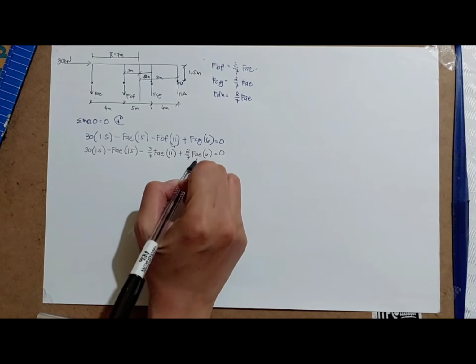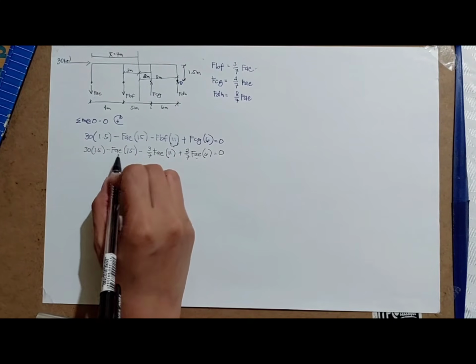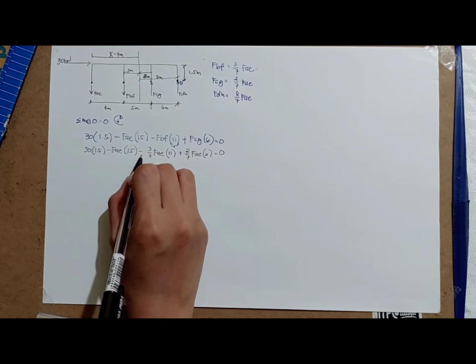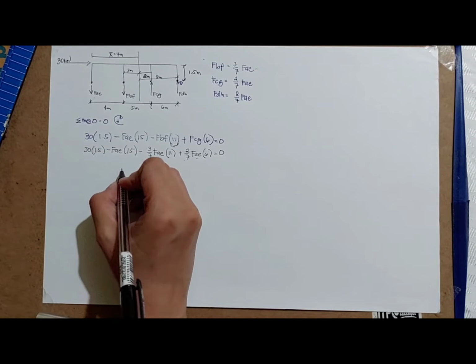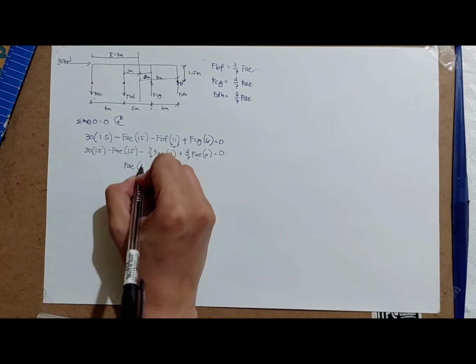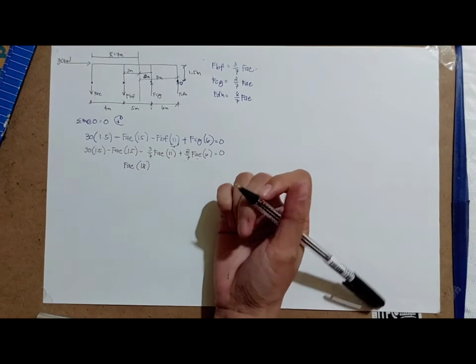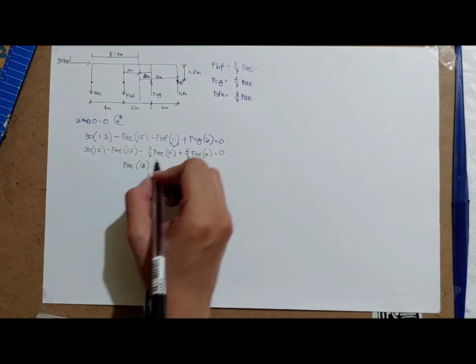Since everything is in terms of FAE, I can now collect terms. So, negative 15 minus 11 plus 2 over 7 times that, we have FAE 18. Let me double check. Equal to, we transpose this.